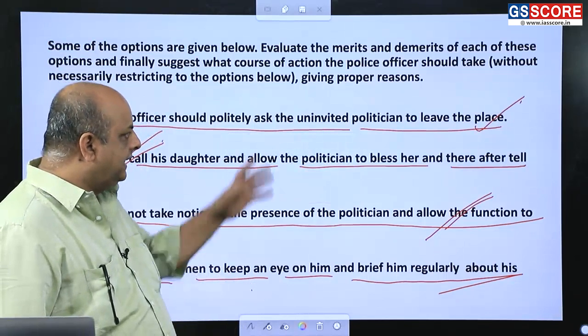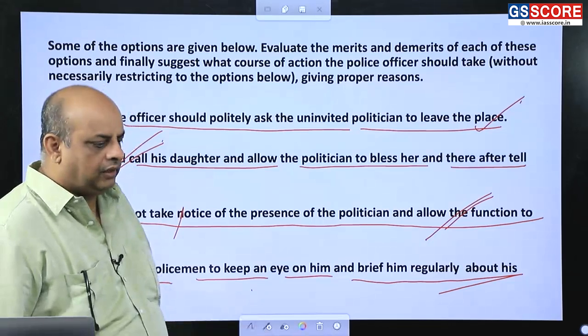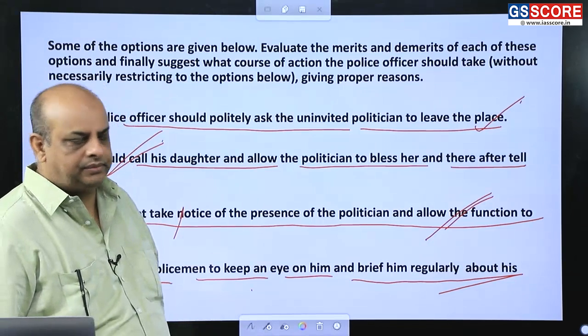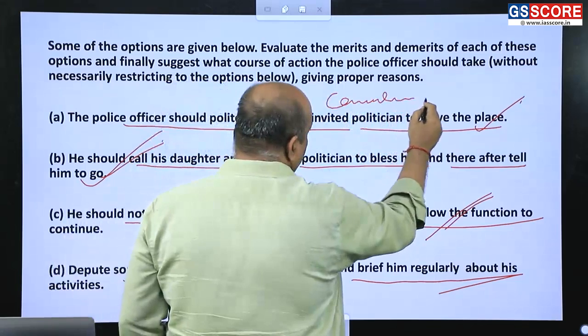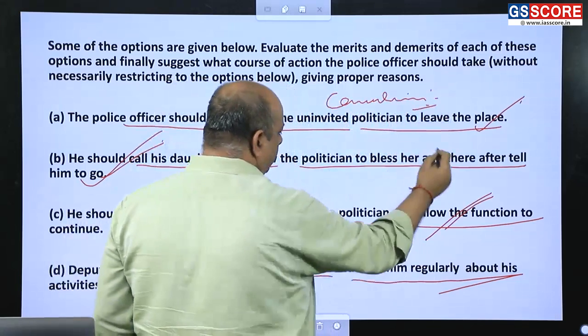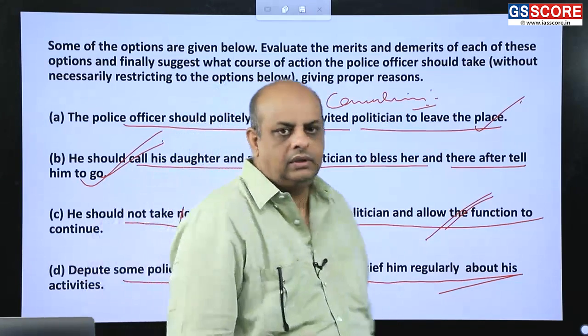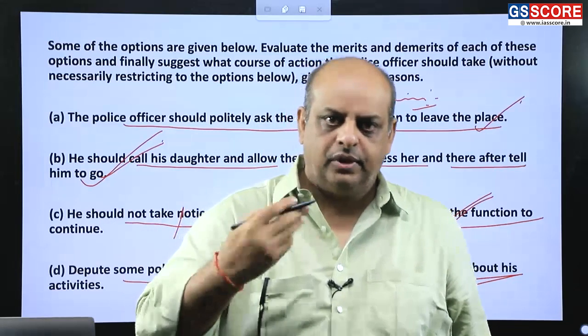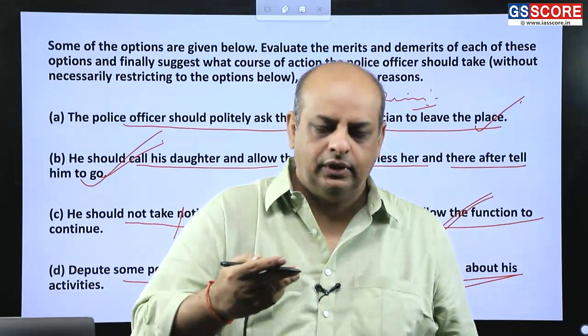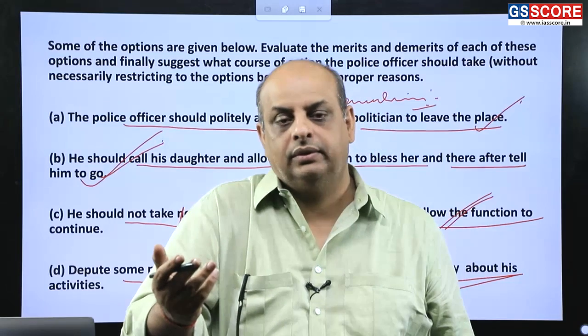Now the point is, even after going through 4 or 5 options, or 3 options, when you go for the conclusion, you will have to pick one out of these 3 or 4. It's possible that UPSC gives you options. It's possible that UPSC simply asks you what you will do.